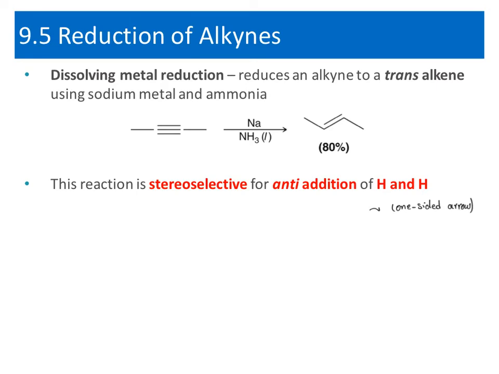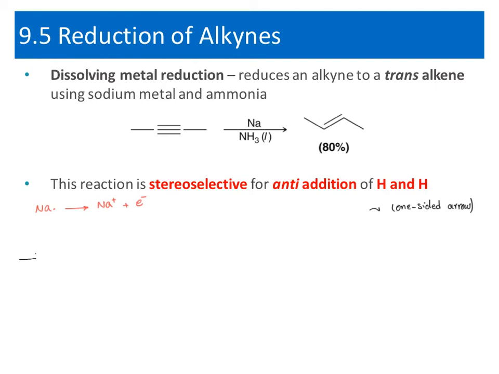So what will happen is that sodium forms the sodium ion and electron. So we are going to use that single electron to start the mechanism for this reaction. So the first step of this mechanism is a radical reaction. So what's happening?